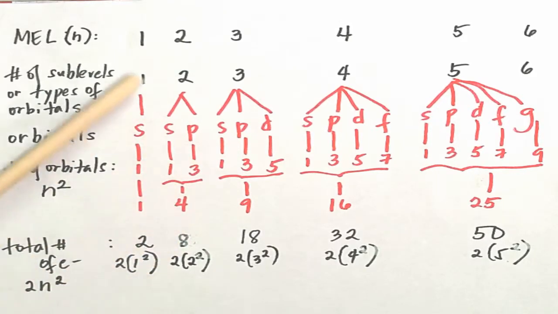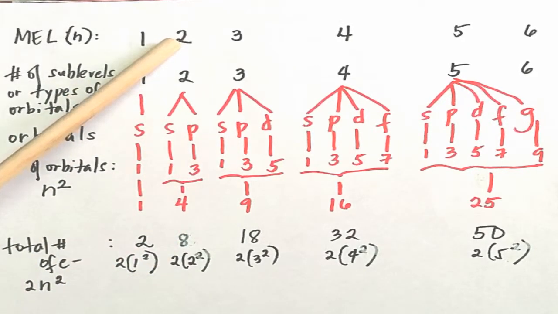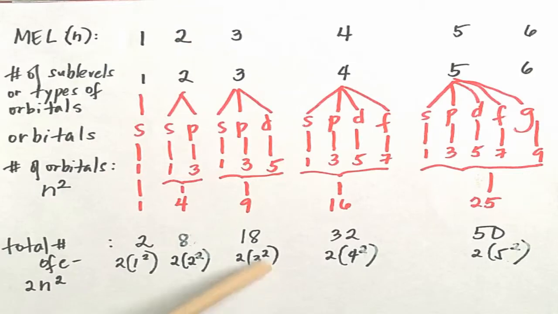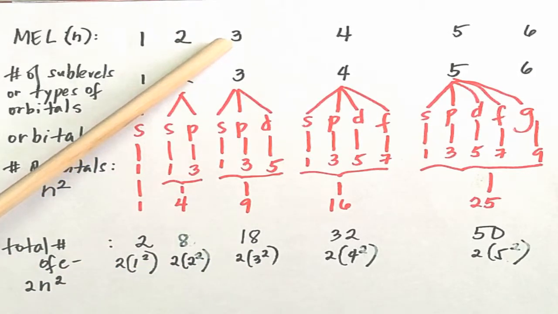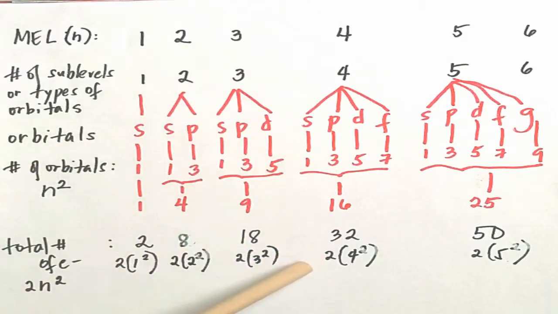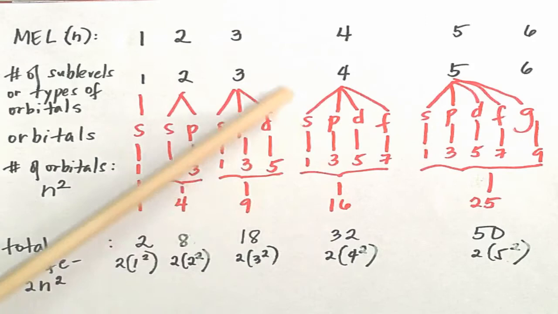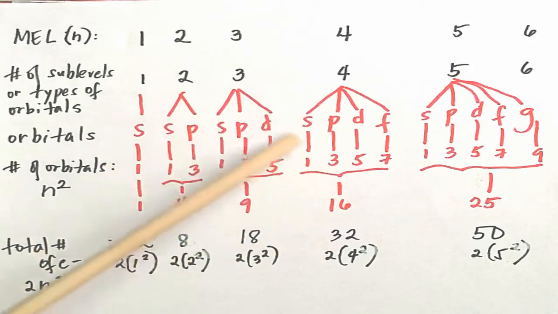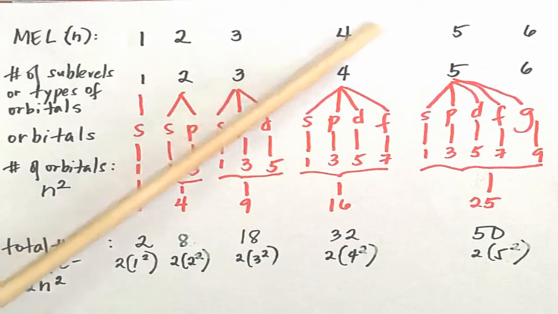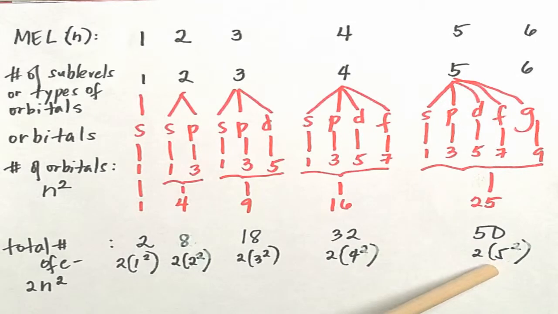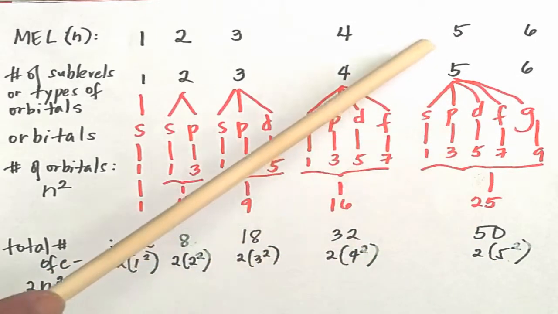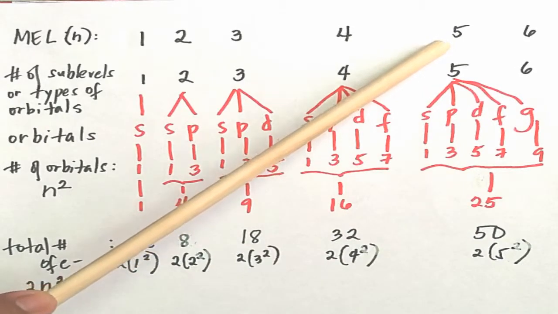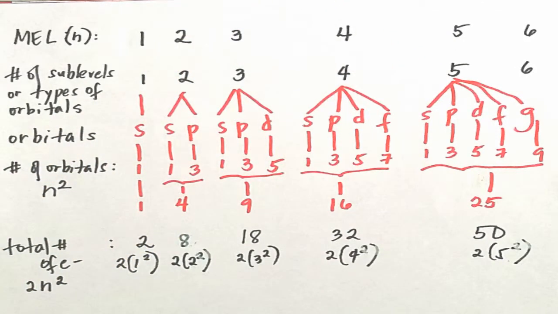That's the maximum number of electrons in the second main energy level. 2 times 3 squared is 18, which is the total number of electrons in the third main energy level. 2 times 4 squared is 32, which corresponds to the maximum number of electrons in the fourth main energy level. And 2 times 5 squared is 50, and this refers to the maximum number of electrons in the fifth main energy level.